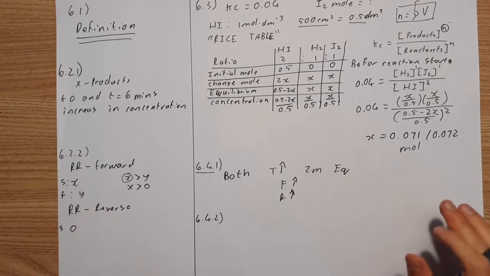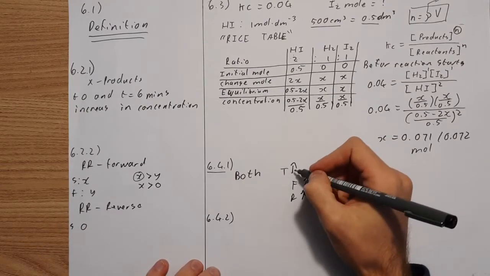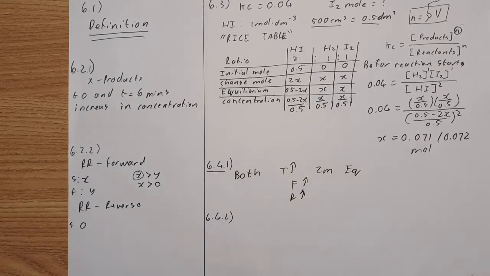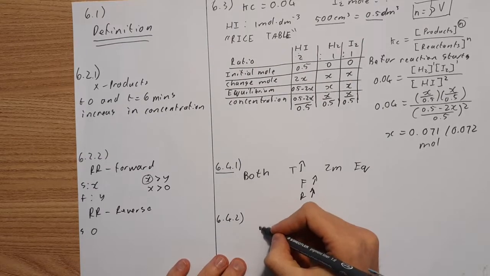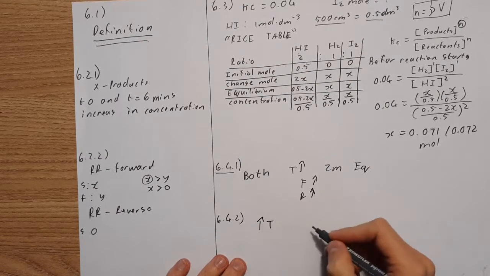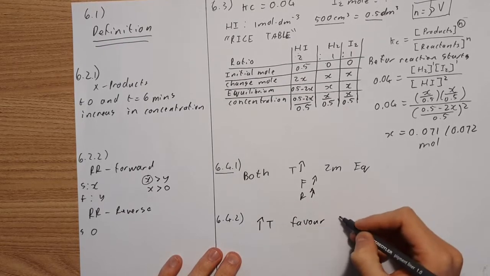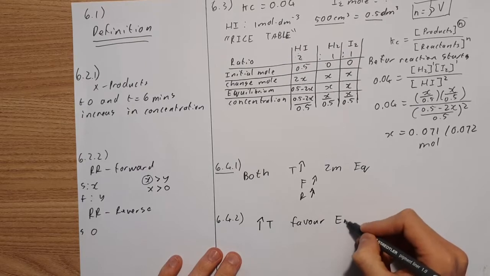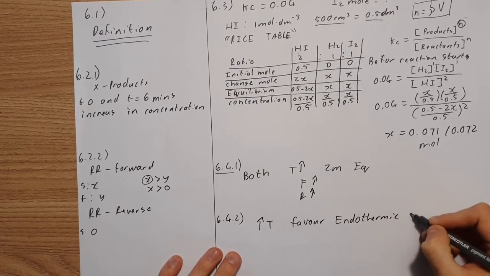Okay, and because we changed the temperature at 10 minutes, the forward reaction and the reverse reaction were changed. Okay, but let's have a look here. By increasing the temperature, okay, we favored the endothermic reaction.